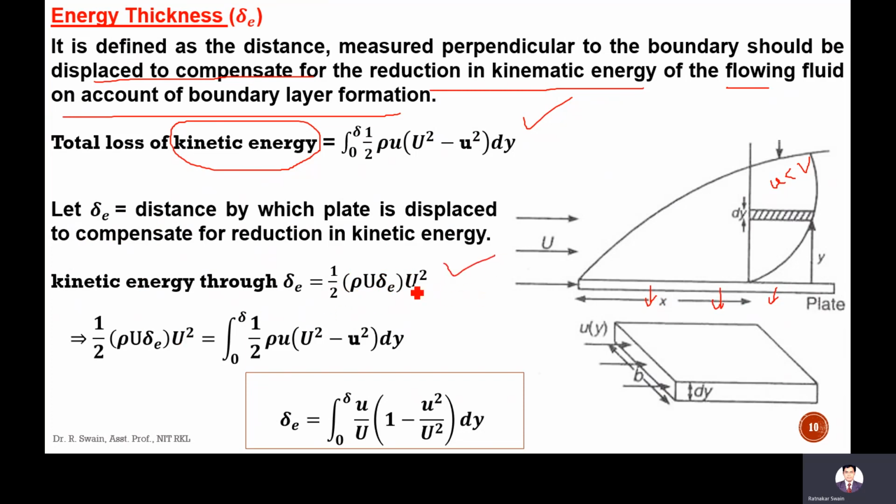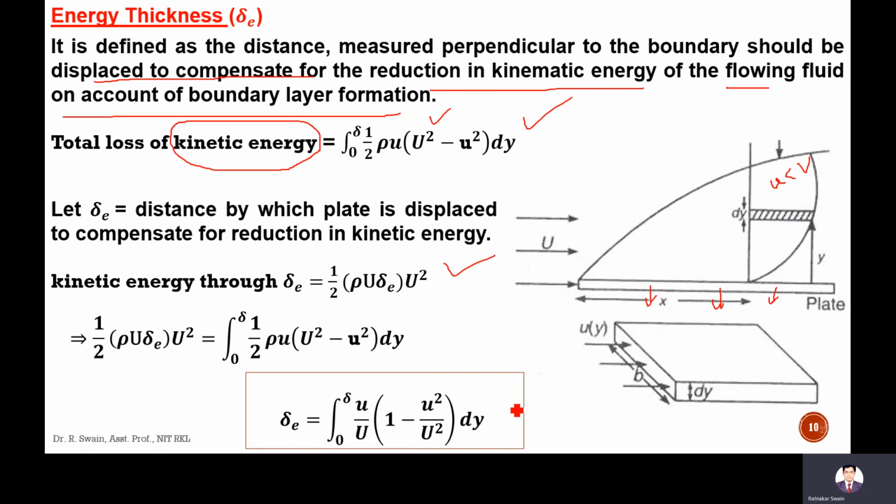Since this value is compensating this value, both will be equal. So delta E, after simplifying, we get the integral of u by capital U whole into 1 minus small u square by capital U square dy. So this is about energy thickness.